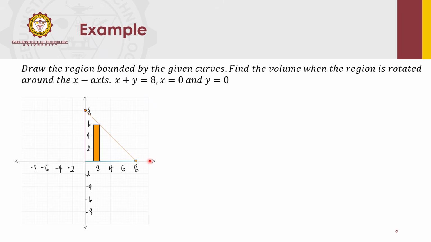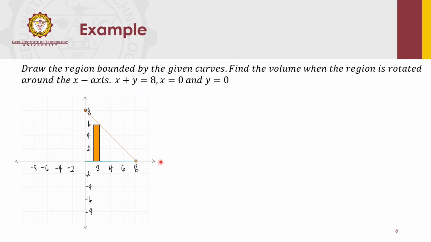Because if not, then we do not use the volume of the thin disk in finding the volume of the solid of revolution. We use other methods that will be discussed in the succeeding videos.